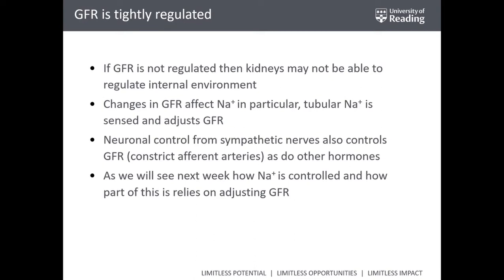The neuronal control of the glomerular filtration rate from the sympathetic nerves, which regulate the arterial pressure entering the glomerulus, affects the glomerular filtration rate, and so do other hormones. In the third lesson, we will see how sodium is controlled and how this can lead to the regulation of the glomerular filtration rate.